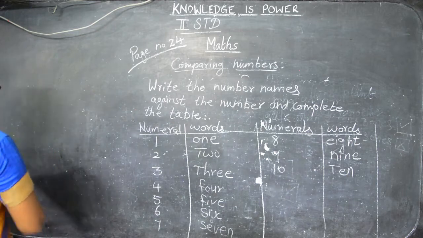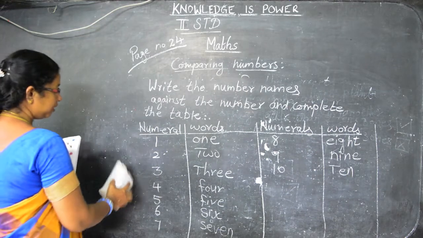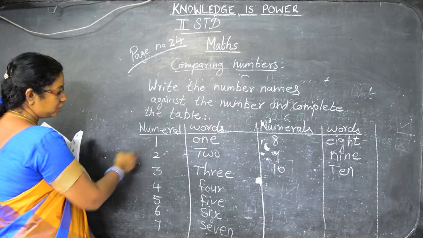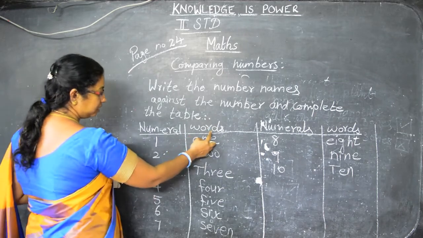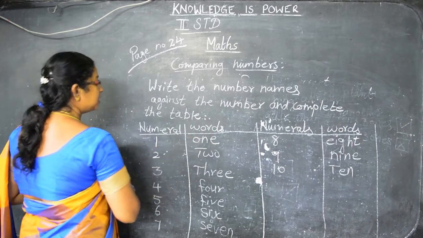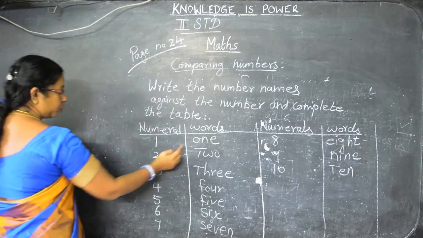Next we are going to continue 11, 12. See here children, this is numerals. You are going to write the numerals in the words. That is called number name.